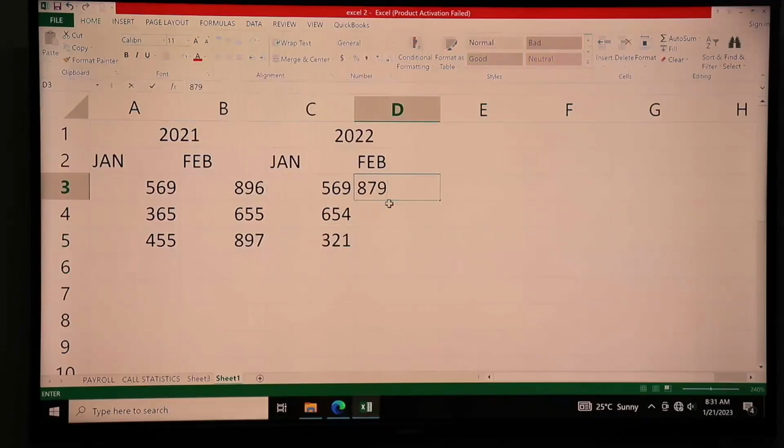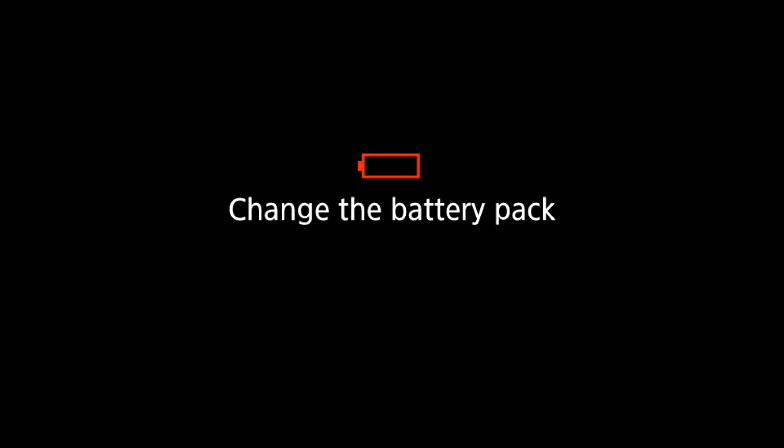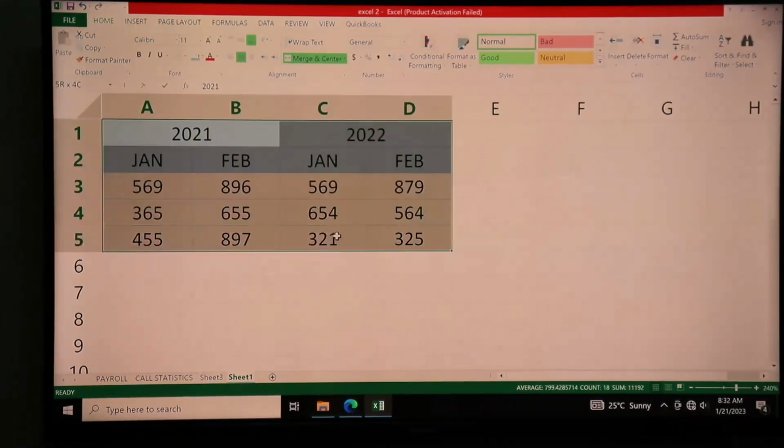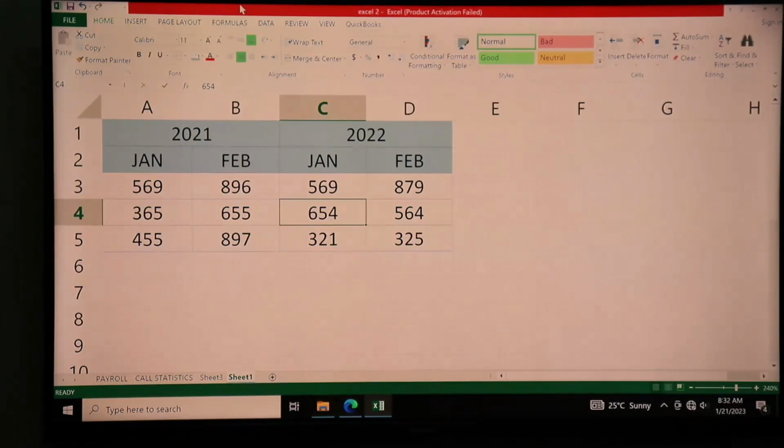Last three I have this. I have set this data in that manner.